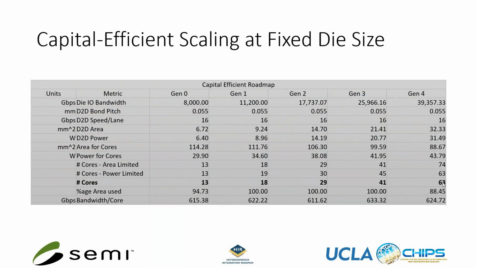I'm going to keep constant line rate, constant bump pitch, but I'm willing to pay a price on the number of cores and the amount of compute logic I can squeeze in. And again, here we maintain rough architectural balance, which is to say we provision enough IO bandwidth so that you end up with around 600 gigabits per second per core that you put into the compute chiplet.